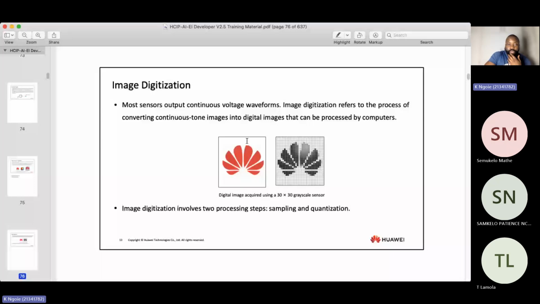All right. So the steps will be, the image is first sensed, right? The sensors will sense the image, and then the image will go through an analog to digital conversion in terms of the voltage, and detect the color.